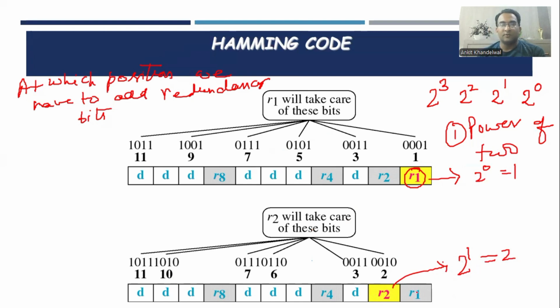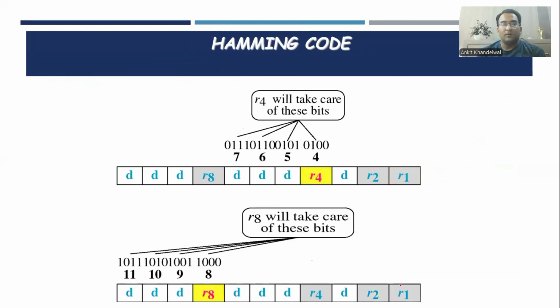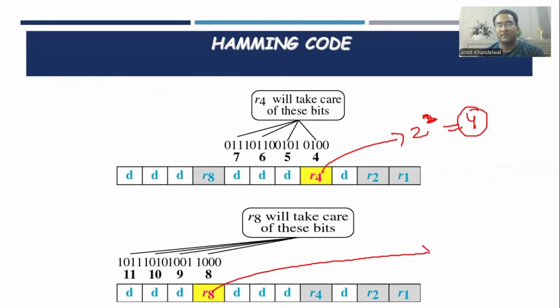The third bit is added at 2 to the power 2, that is bit position 4. The fourth bit is added on the basis of 2 to the power 3, which equals 8, so at the eighth position.